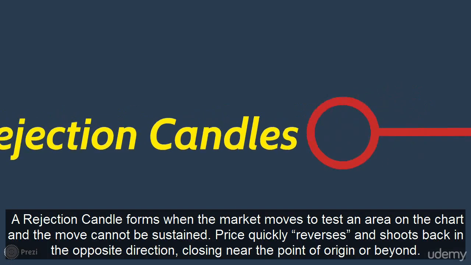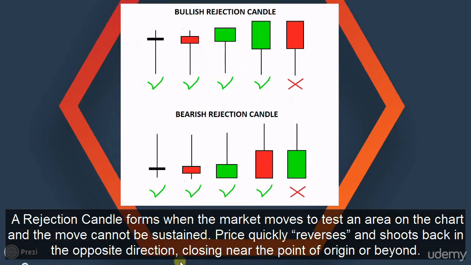Okay, so a rejection candle forms when the market moves to test an area on the chart and the move cannot be sustained. So the price quickly reverses and shoots back in the opposite direction, closing near the point of origin or beyond.